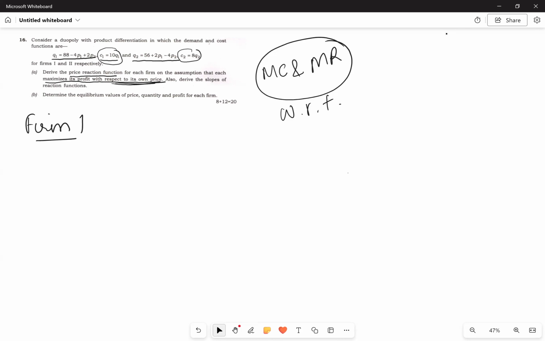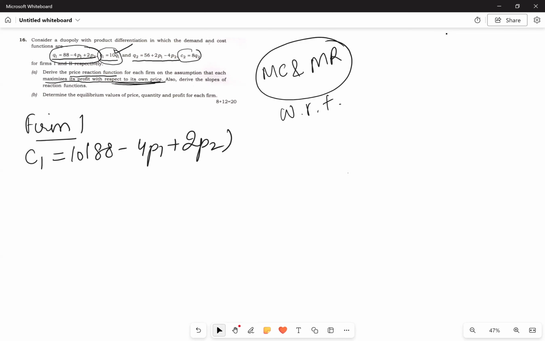Now, the cost function C1 is given here as 10Q1. As we have to find the maximum profit with respect to its own price, we need to convert this cost function in terms of prices. So we'll be substituting the value of Q1 from here, and this would become 10 into (88 minus 4P1 plus 2P2).